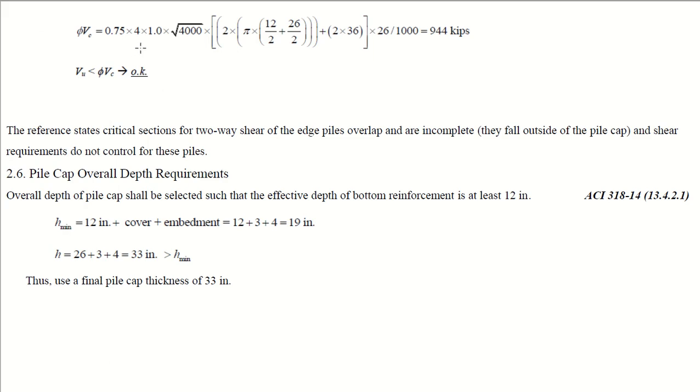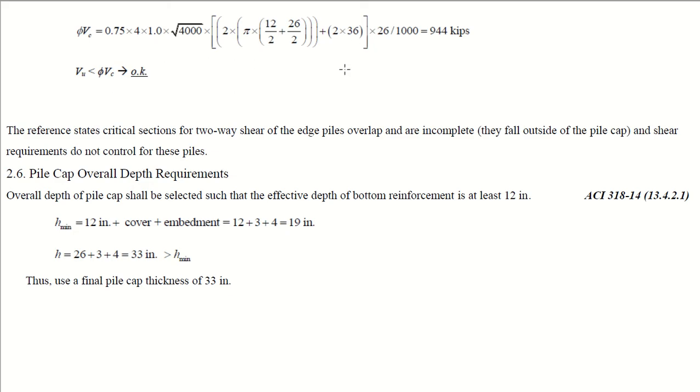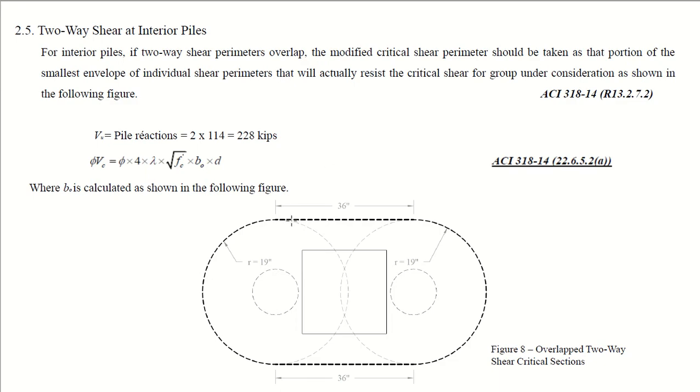Now putting the values in its equation, all other parameters are the same except for this b naught, okay. So how is b naught calculated? See, you know this thing, okay, 2 into 36, since this dotted line from here to here is 36 inches and this is 36 inches. So you can simply add these two, okay.